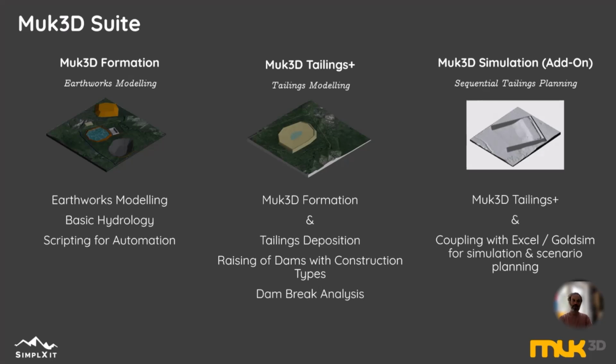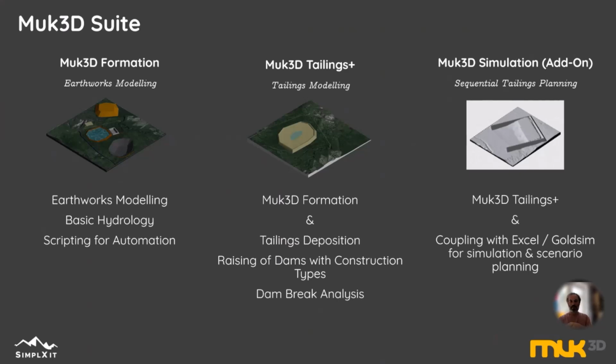Then Muk3D Tailings Plus contains all the components from Muk3D Formation, but on top of it, it's got all the parts around tailings deposition and raisings of the dams based on specific construction type, as well as doing some dam break analysis. And then finally, Muk3D Simulation, which is an add-on, now allows you to do sequential tailings planning. It's an add-on that comes on top of Muk3D Tailings Plus.